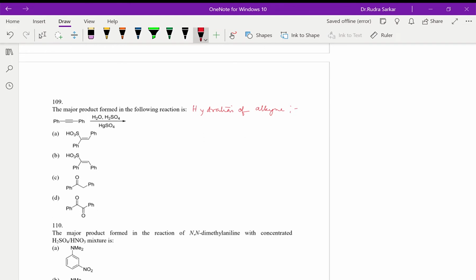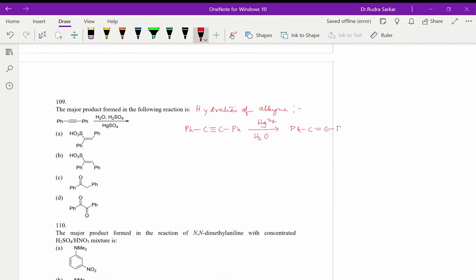Basically, over here, in the C triple bond C, in presence of Hg2+, one can think there is addition of water across the triple bond.